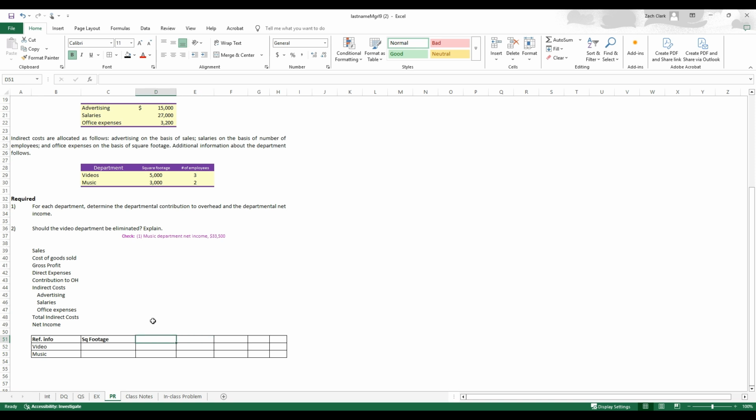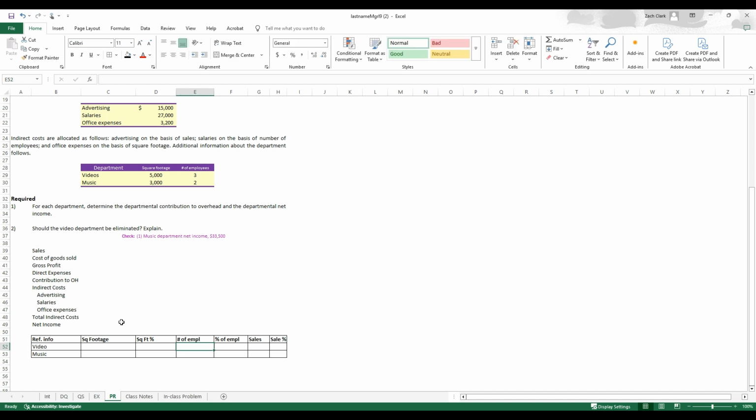We'll say square foot percent, number of employees, MPL, and then percent of employees, and then sales and sales percent.